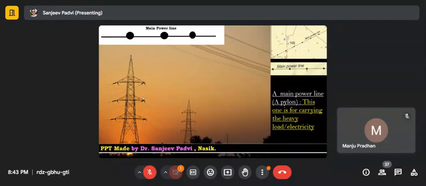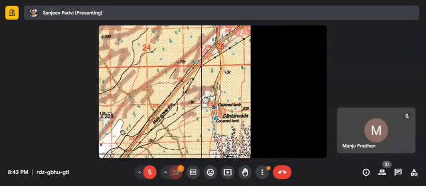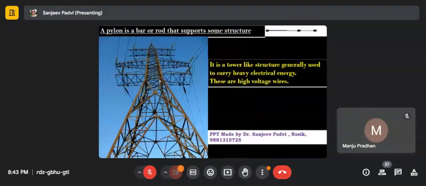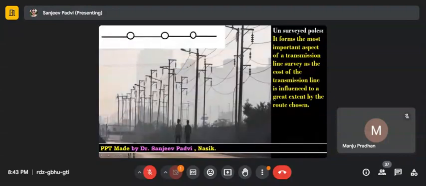So inside the city, what kind of power line is there? Inside the city, you have a smaller power line, which is like this. See this. And what is the symbol of that one? A straight line with an empty circle. Have you understood the differences?